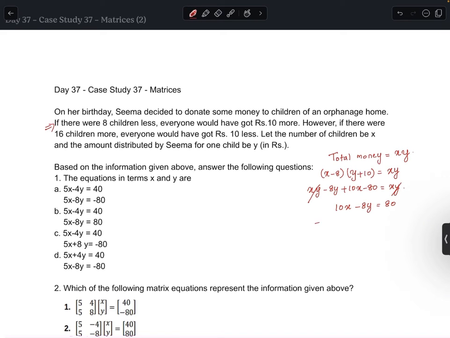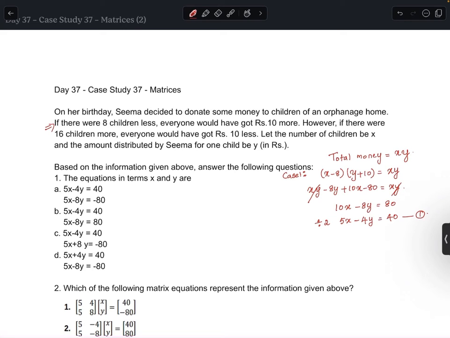So let's divide this equation by 2. 5X minus 4Y is equal to 40. Let's take this as equation 1. So this equation has come from the case 1.